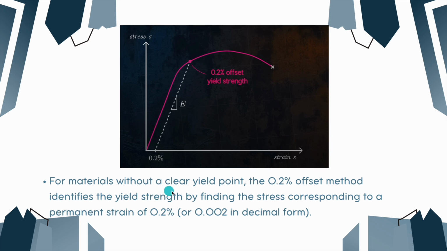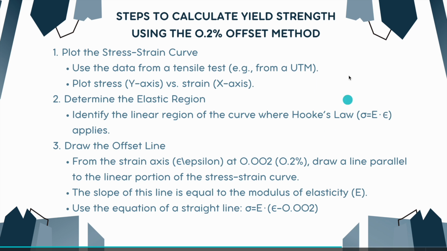For materials without a clear yield point, we cannot know where the material will not deform plastically. For this we have the 0.2% offset method, which identifies the yield strength by finding the stress corresponding to a permanent strain of 0.2%. So this is how we calculate yield strength using the 0.2% offset method.